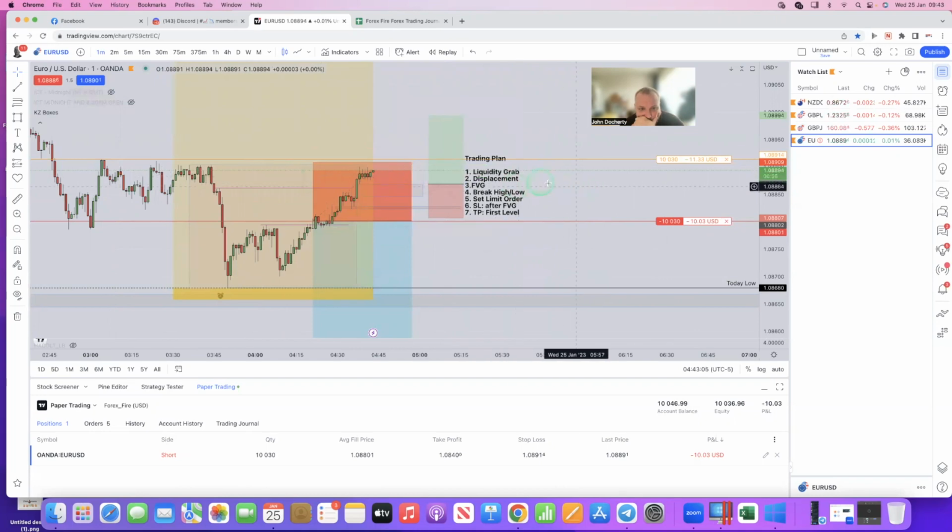That's what, 6. I would do 8 pips. 8 pips for around about 14.